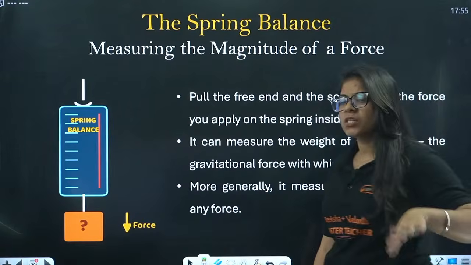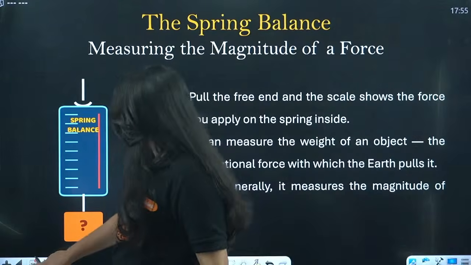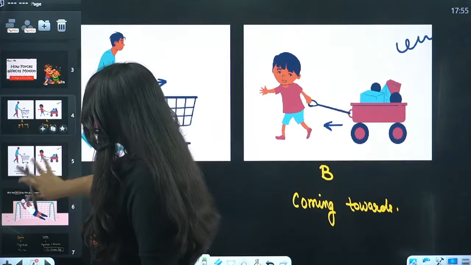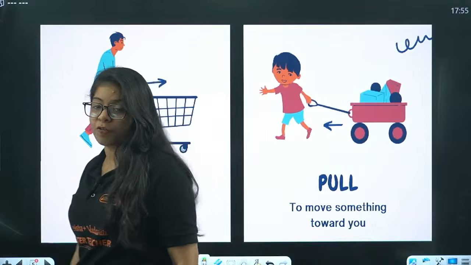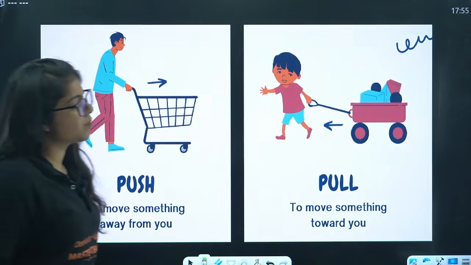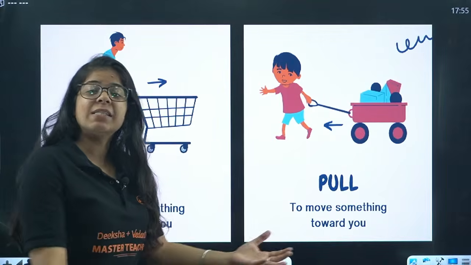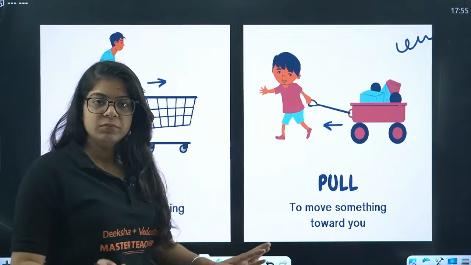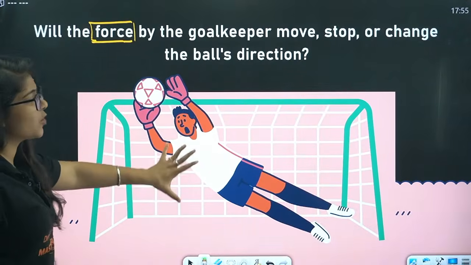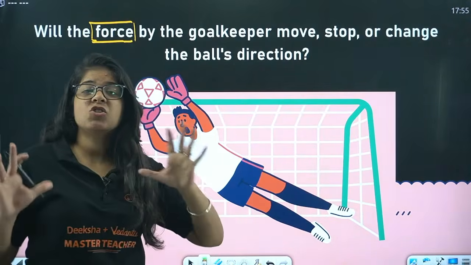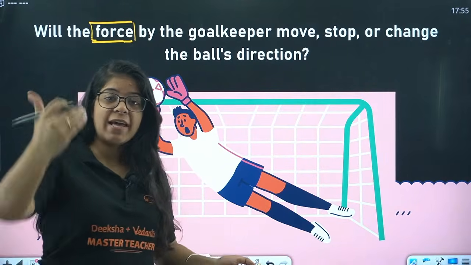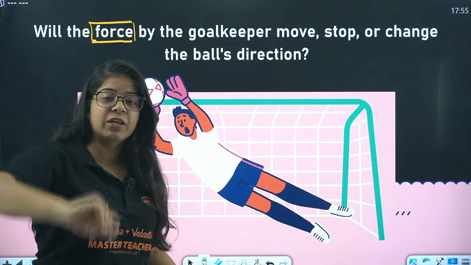Okay. So let's just get the overview and we'll complete the live session for today. We started with the basic definition of push and pull, right? Push is something moving away from you. Pull is something moving towards you. Done? That is it. Then this is the basic question. If a goalie is there, he's trying to stop the ball, he will either push the ball away, changing the direction. First it was coming, then it will be going away.